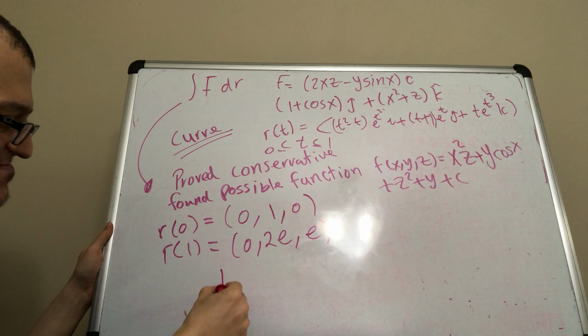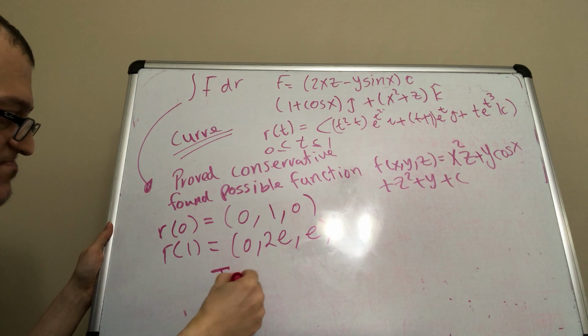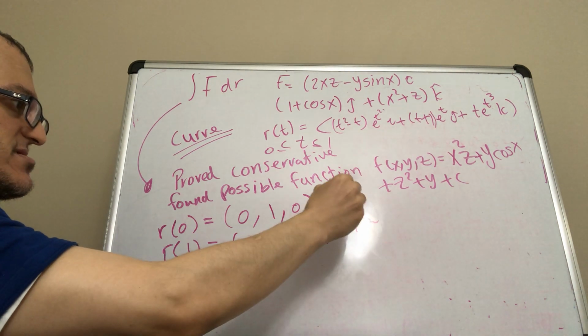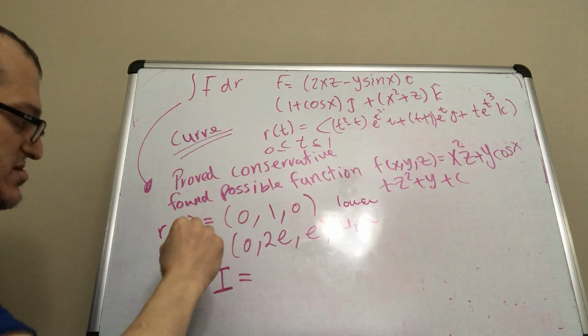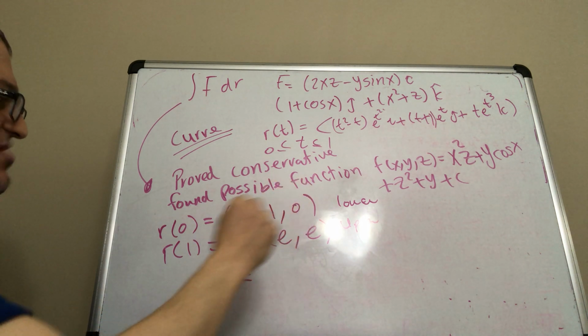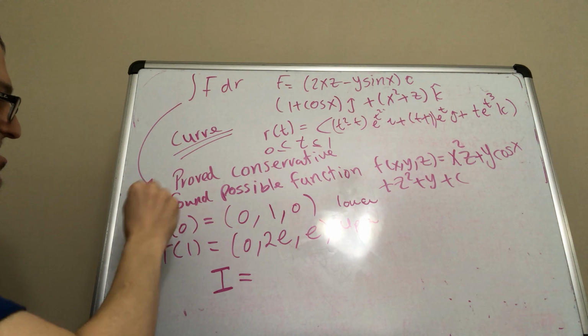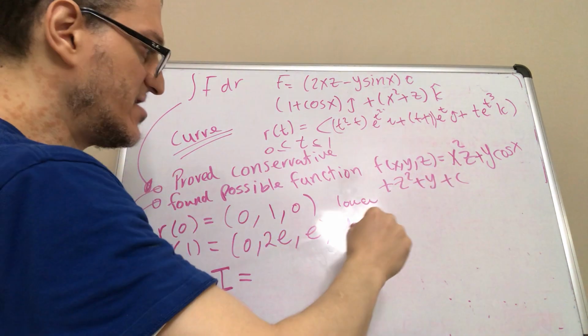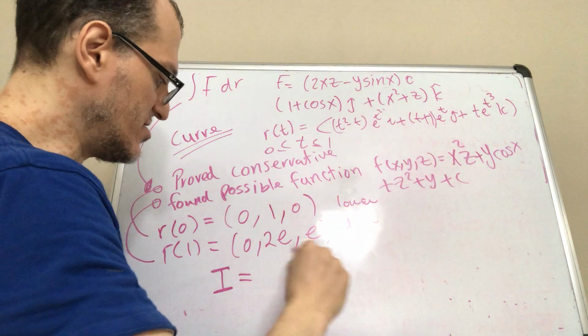In this case, this would be your upper point. This would be your lower point because this value is higher. You plug this into your potential function. It's like integration: you plug in the upper, minus you plug in the lower.